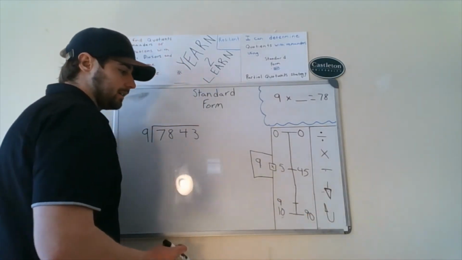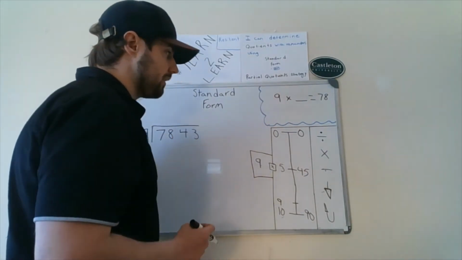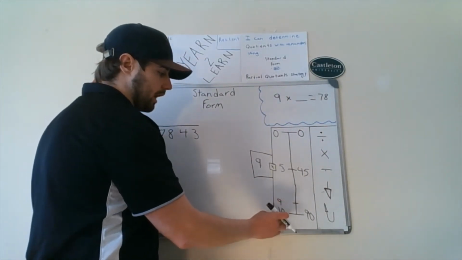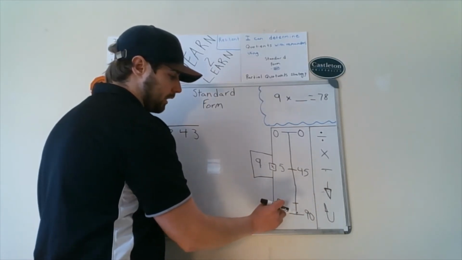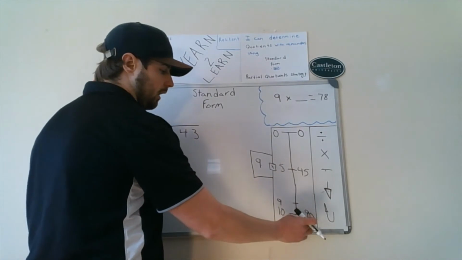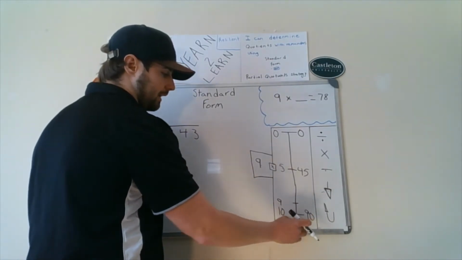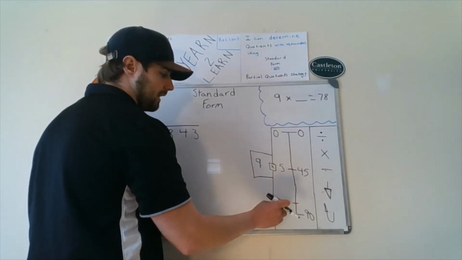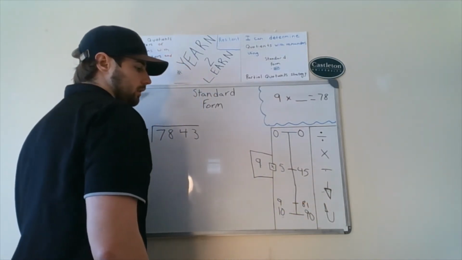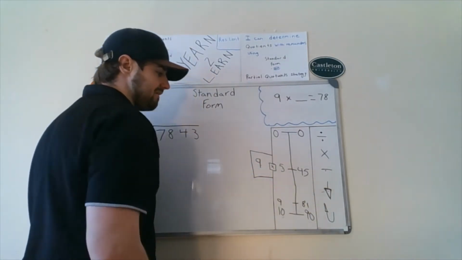I didn't mention it last time. Maybe if I don't know some of my factors, perhaps I can use a mental math strategy such as subtracting a group of 9 from this 90. Okay, I know that 90 minus 9, or one group less of 9, is going to be 81. 9 times 9 is going to give me 81.